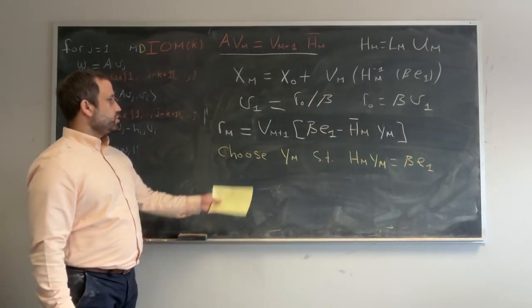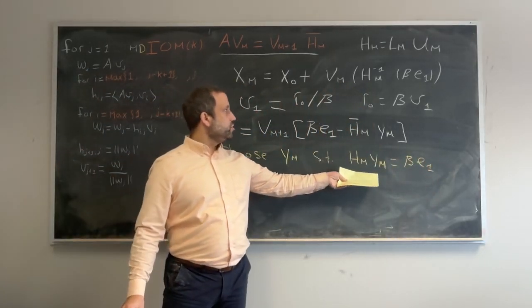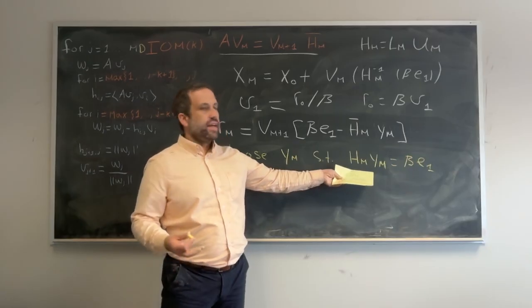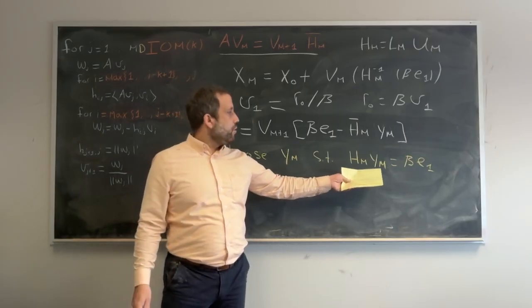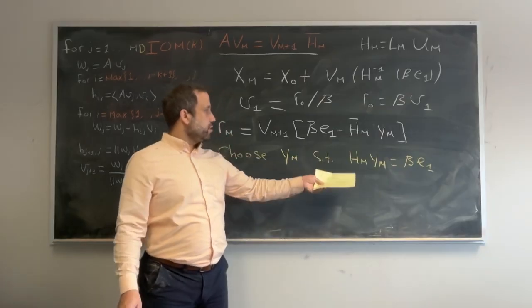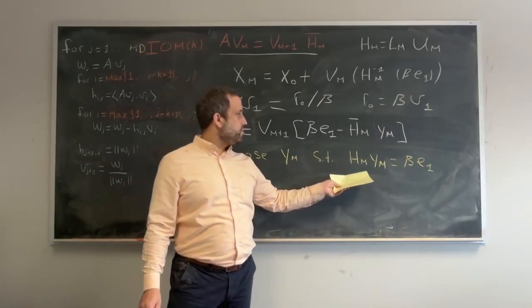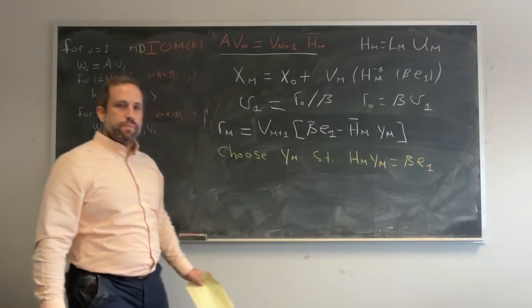In other words, choose y_m so that y_m is a solution to this equation. That is a thing that we got to one way in the FOM method, and we're getting it to another way in this method here.